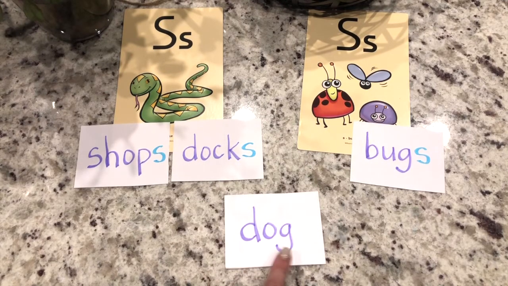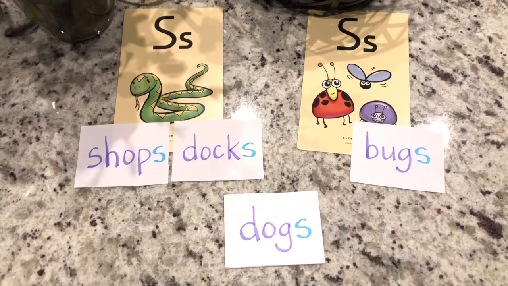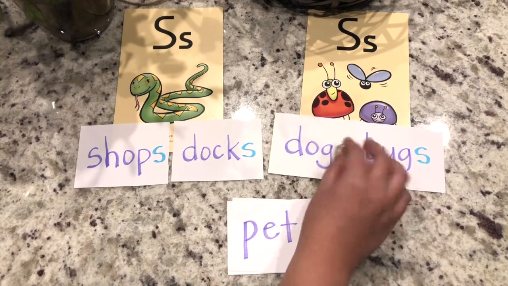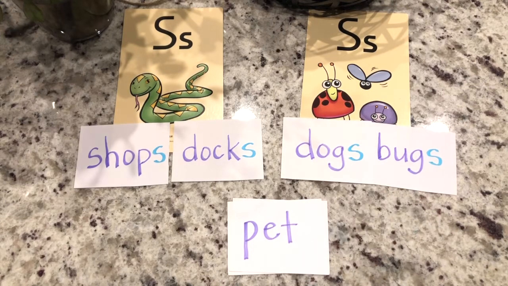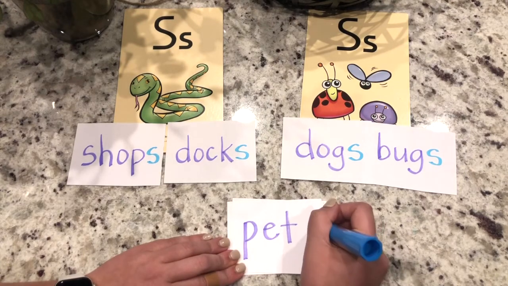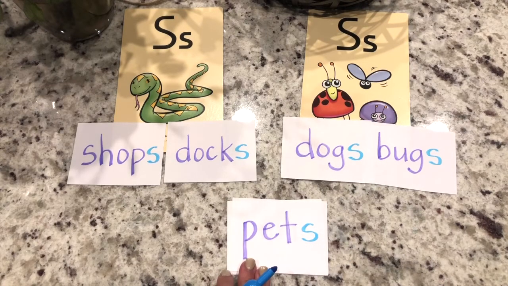Let's try this one. Dog. Dog is the base word. If I add the suffix S, it makes the word dogs. That's right, it has the Z sound on the end. Pet. Pet is the base word. If I add a suffix S, it makes the word pets. What sound does it have on the end?